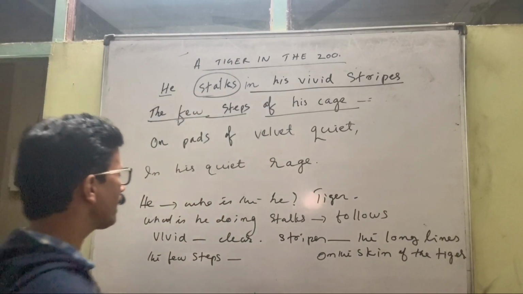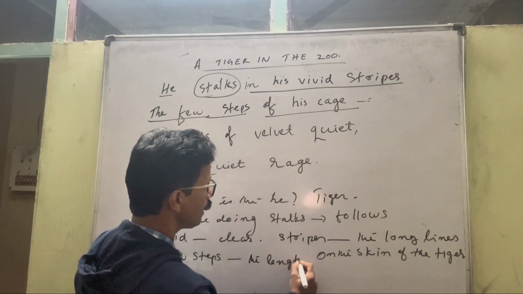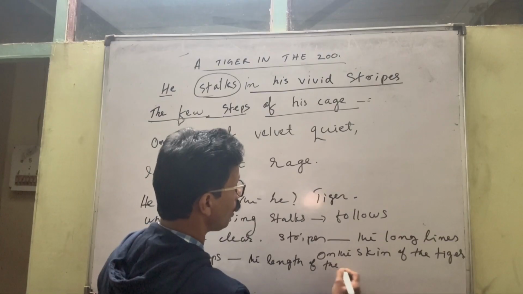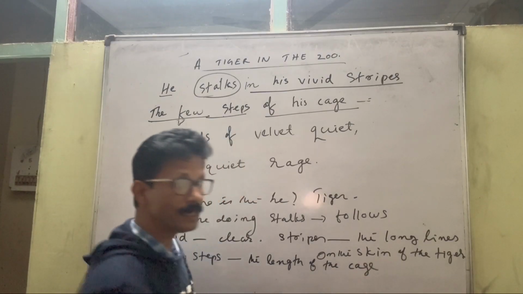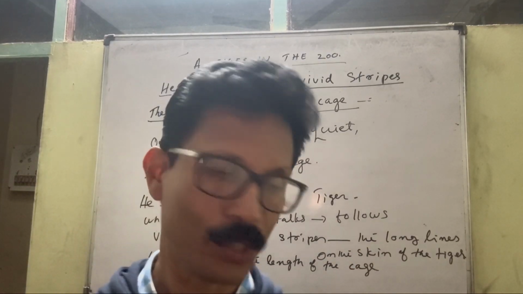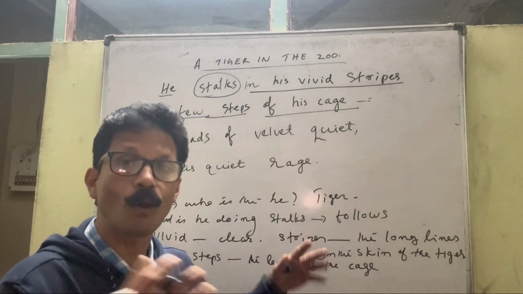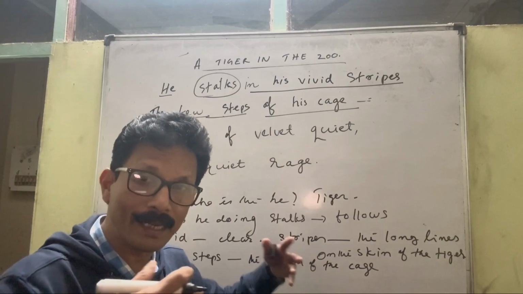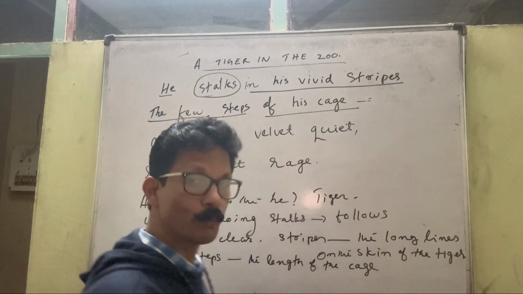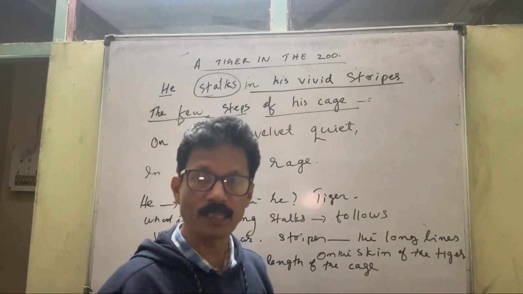The few steps means the length of the cage, because the tiger is caged. The tiger is locked up in a cage. He's not free. He's locked up in a concrete cell. You might have seen a tiger in the zoo. They are always locked.